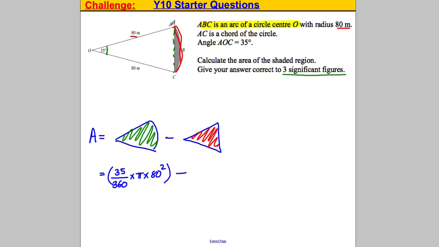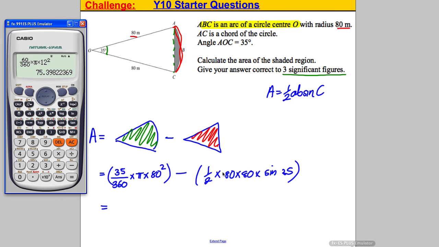And you want to work out the area of this triangle, and you can use the formula for an area of a triangle, which is a half ab sine C, where a and b are the two sides and C is the angle between those two. So you would say this is a half multiplied by the two sides, 80 multiplied by 80 multiplied by sine of the angle, which is 35.